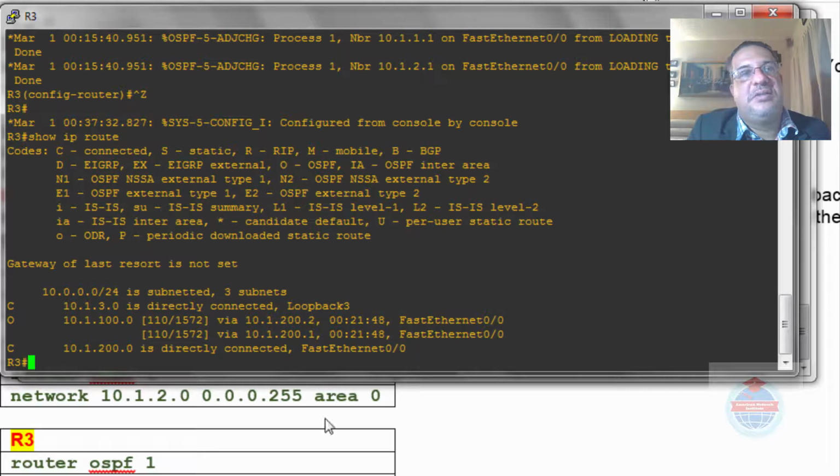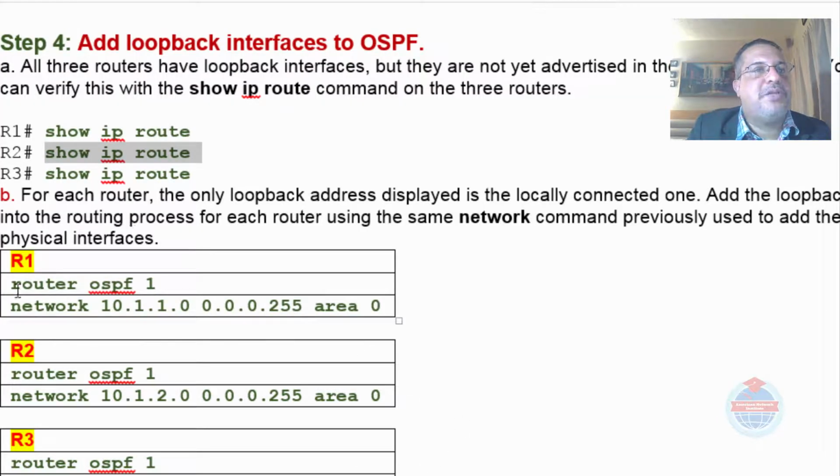Got it, guys? So we apply this stuff on each one of them. For each router, the only loopback address displays the locally connected one. So the locally connected ones are loopback 1, 2, and 3 that we previously saw.